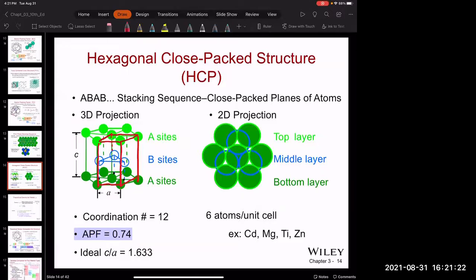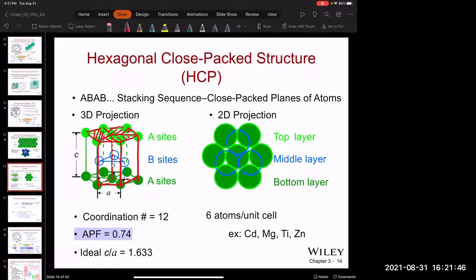So if you cut this out, this represents 1 unit cell. So this one here actually represents 3 unit cells. You have another one here, and you have another one here. So there are 1, 2, and 3 unit cells in this case.